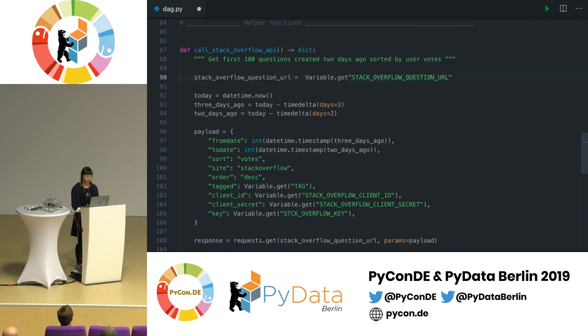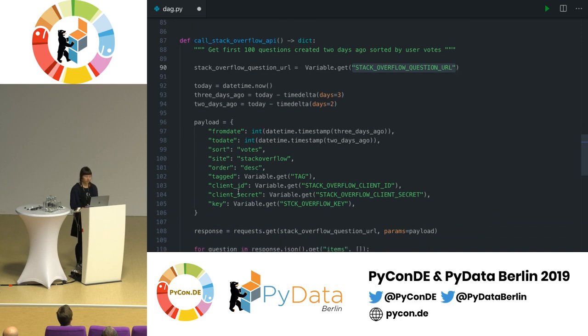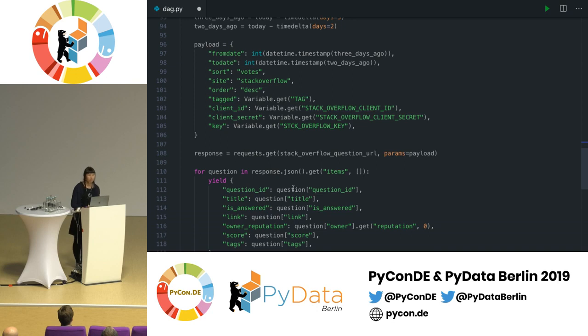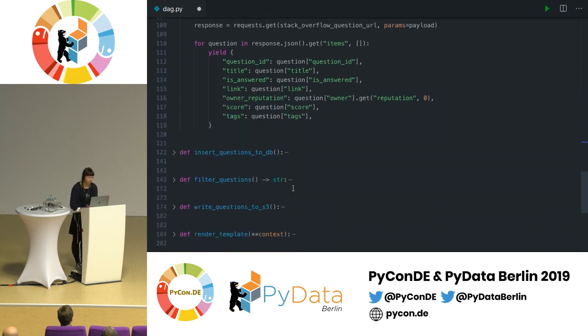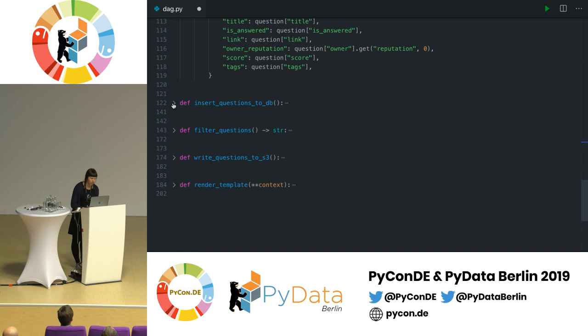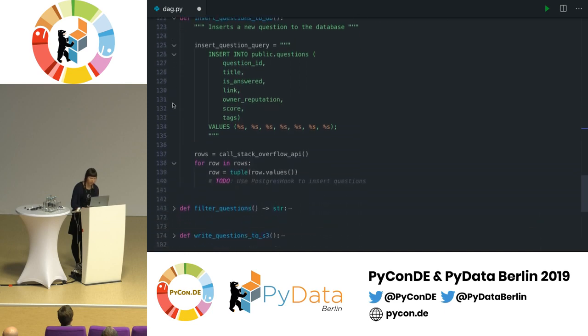You just say variable get and refer to it by name, right? There are other variables that I'm using here, like tag and Stack Overflow credentials. So this is the first function, and the second function is inserting questions into database. Here I want to show you how to use Postgres hook.